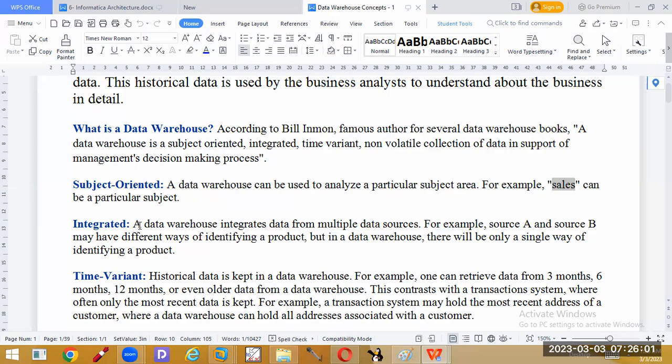Actually, a data warehouse is nothing but a database. We only increase the size. In ERP we give less size, so that we know there is not much data.